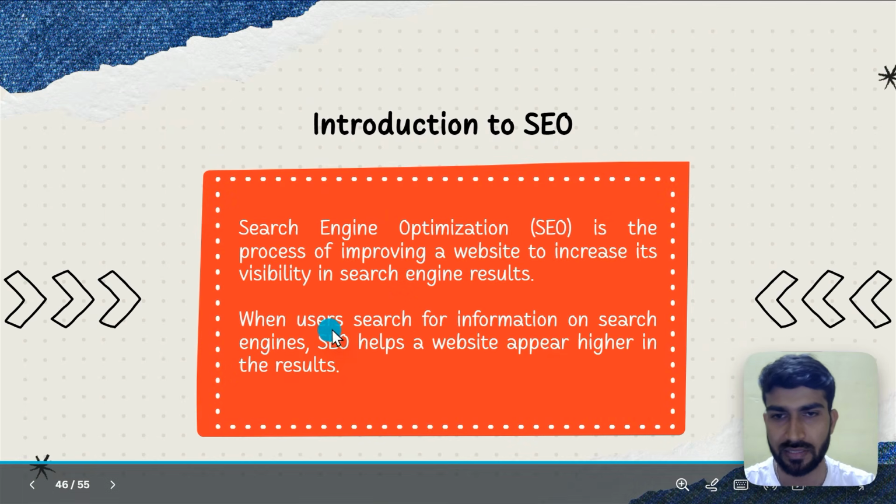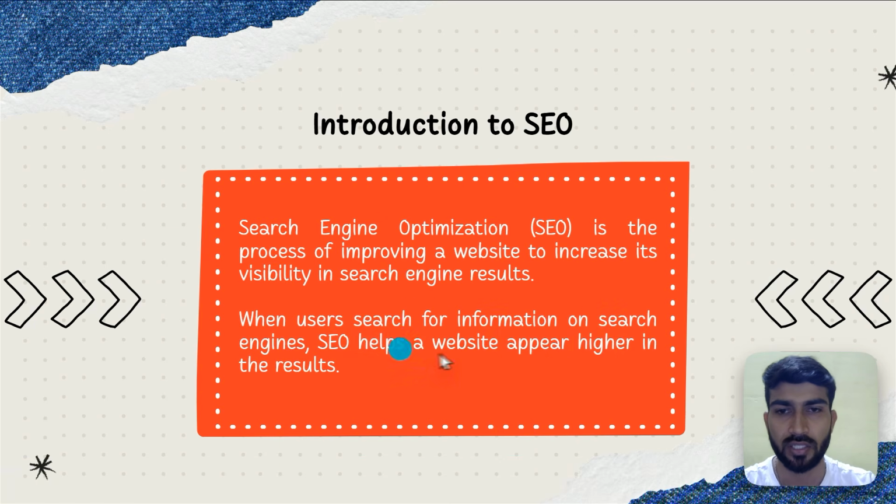Here you can see that when users search for information on a search engine, SEO helps a website appear higher in the results. Why is it important to rank higher, or to rank on the first page of SERP? Because of that you can get results, revenue, and conversions.